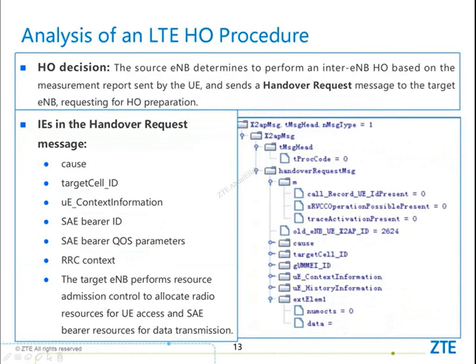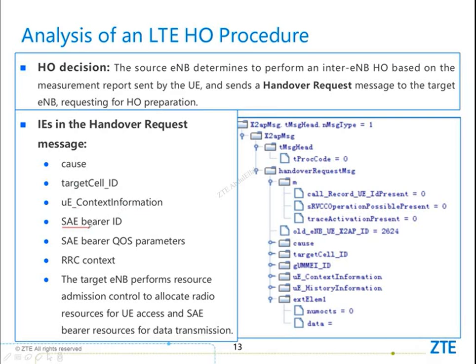Okay, after that is the handover decision. And we know the handover decision is between the source eNodeB and the target eNodeB. And in the handover decision, you can see there are so many messages in this procedure. For example, the cause. Of course, here the cause means the handover reason. It's based on coverage handover, based on load handover, based on service handover, right? And here is the target ID, and UE context information.